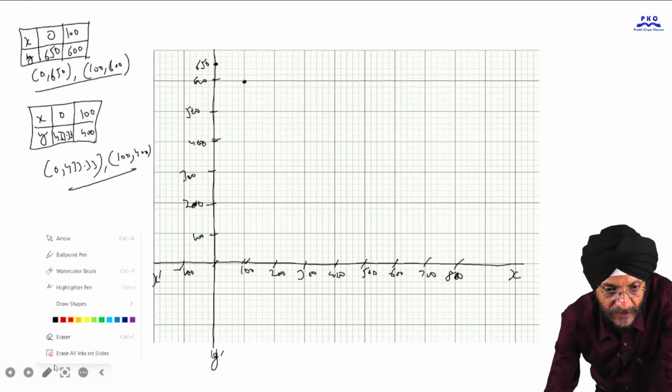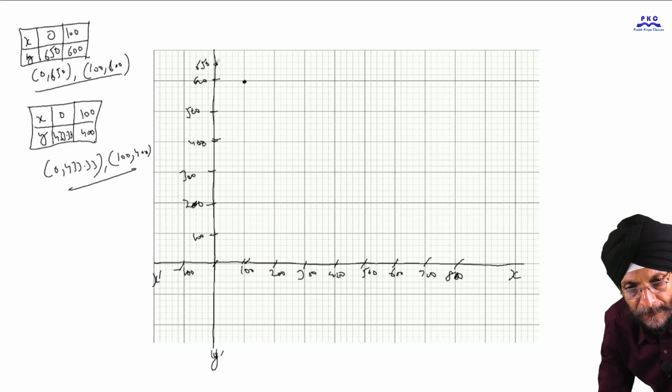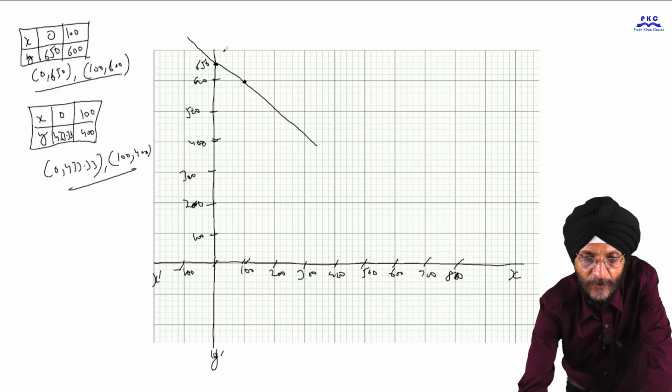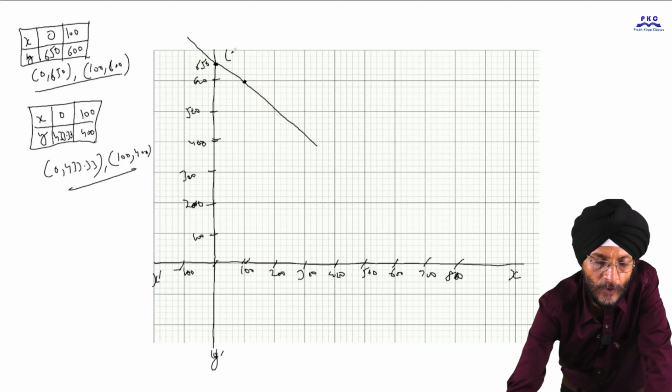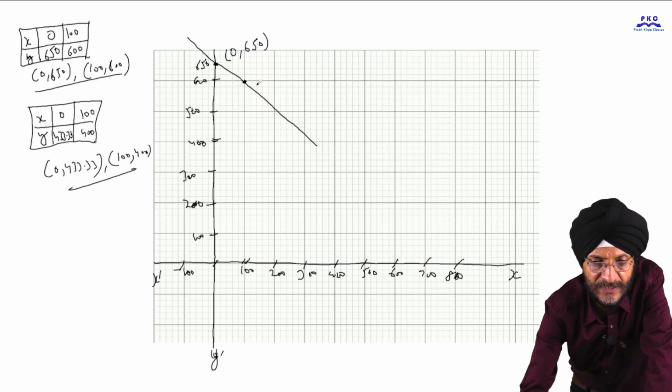We will redraw it because it was not drawn properly. This is the first, and we will also have to write here the solutions on the basis of which these 2 points have been arrived at. This is value of x is 0 and value of y is 650. And what is this other?